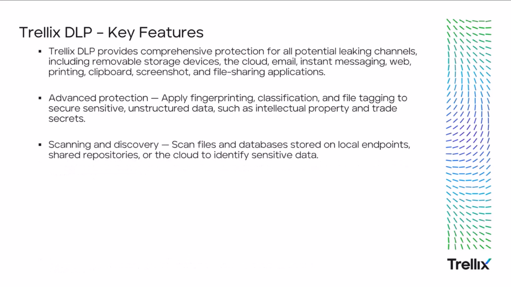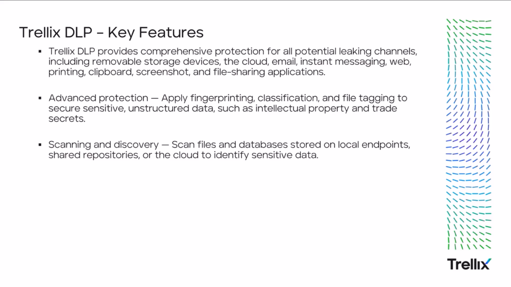We can also create a local scan to check the data at rest, which is on the user's machine. There are two different types of discovery. One is endpoint discovery, which is DLPE, and the other one is DLP Discover. The difference is that with endpoint discover, we cannot scan the server operating system, but with DLP Discover, we can do both.